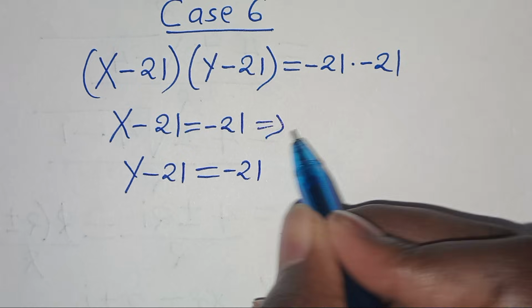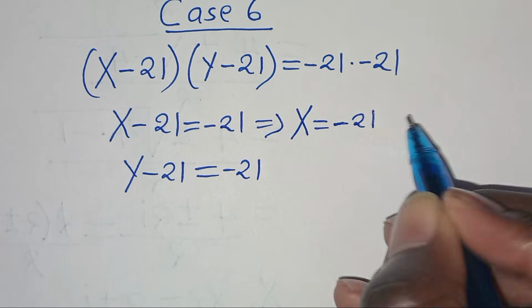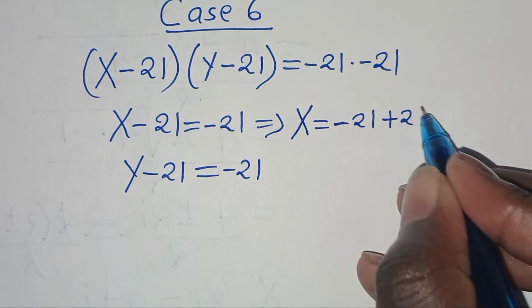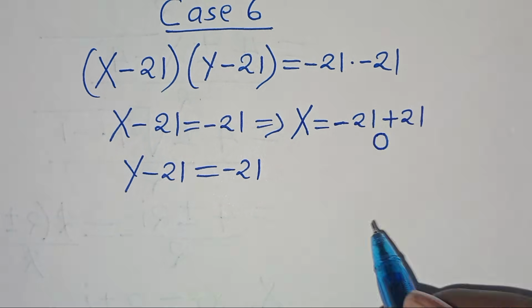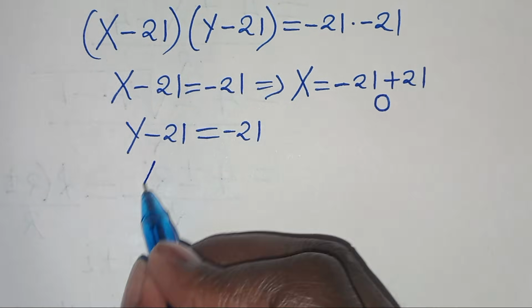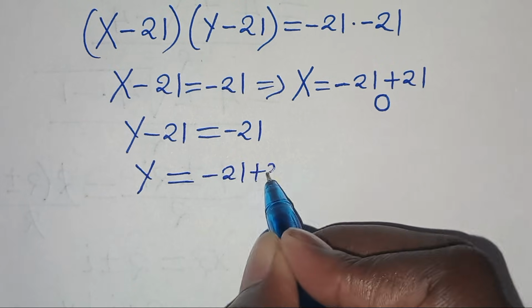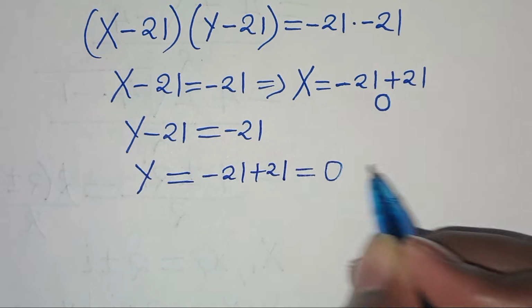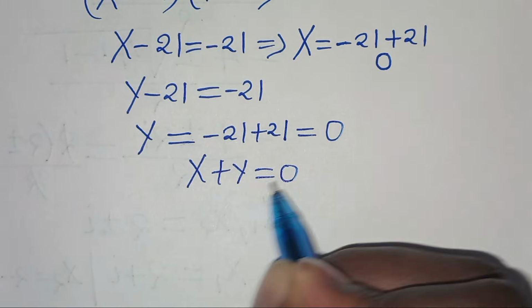Now x is equal to minus 21 plus 21, which is equal to 0. And y is equal to minus 21 plus 21, which is again equal to 0. So in that case, x plus y is equal to 0.